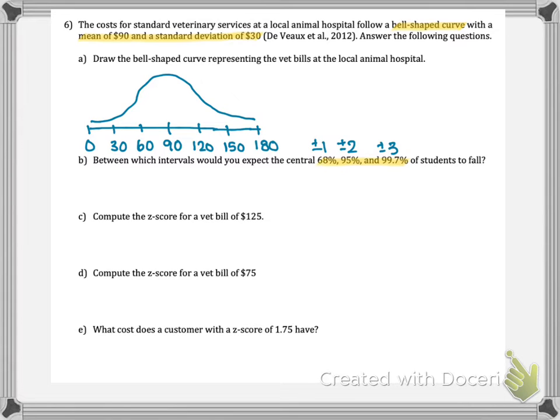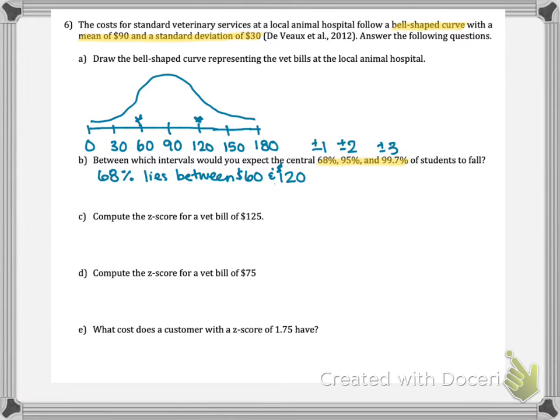So looking at our chart, the 68% lies between $60 and $120. That's 1 standard deviation to the left, 1 standard deviation to the right.